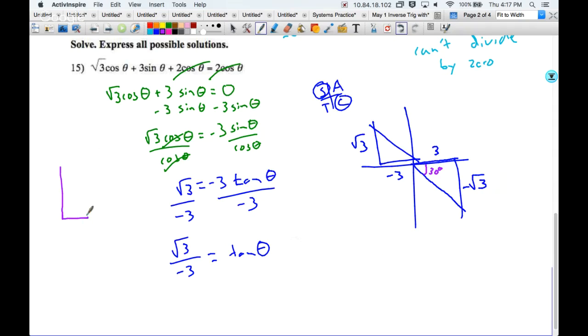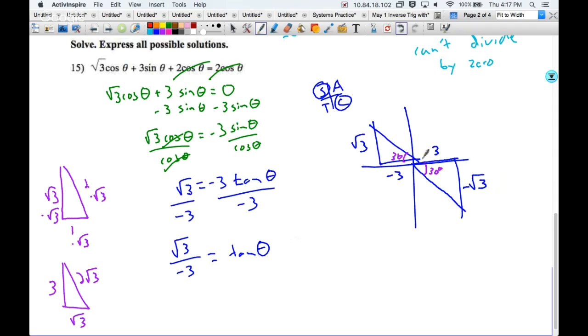So our 30, 60, 90 goes 1, 2, and the square root of 3. Well, if I multiply every side by root 3, I can get a new triangle which goes 3, 2 root 3, and root 3. And now you see that this is actually a 30, 60, 90 with the 30 in there.